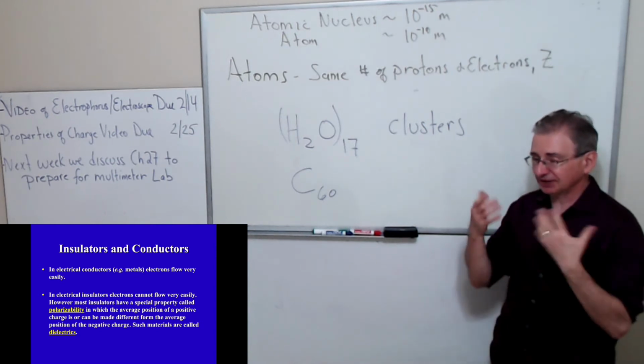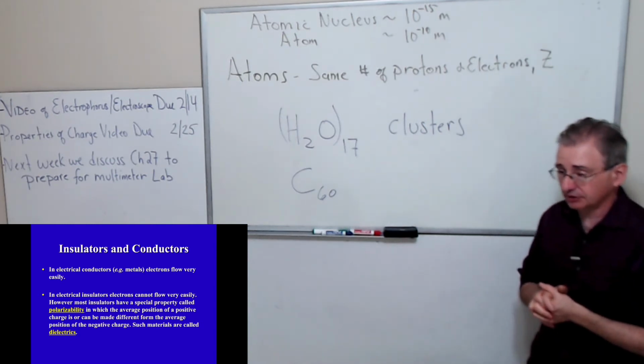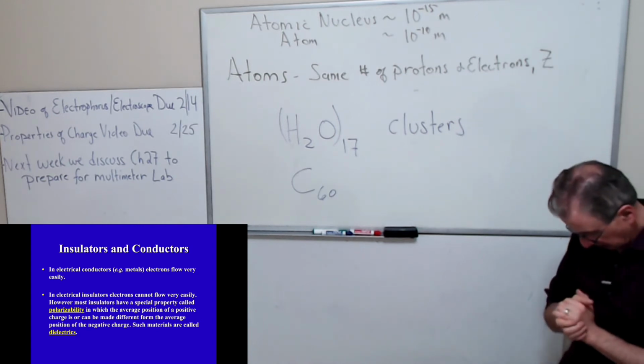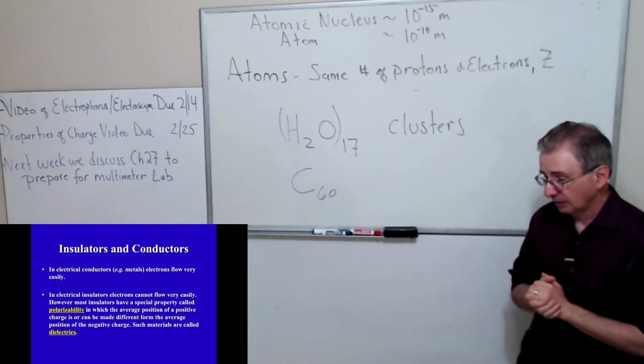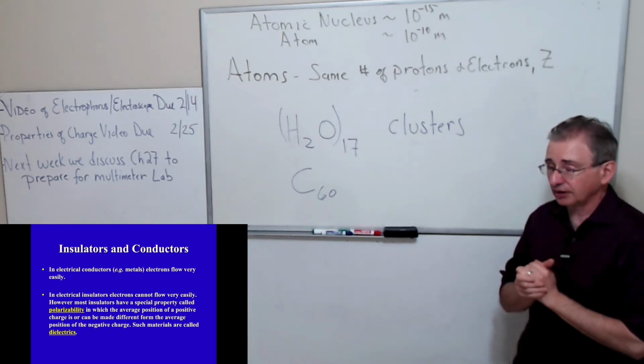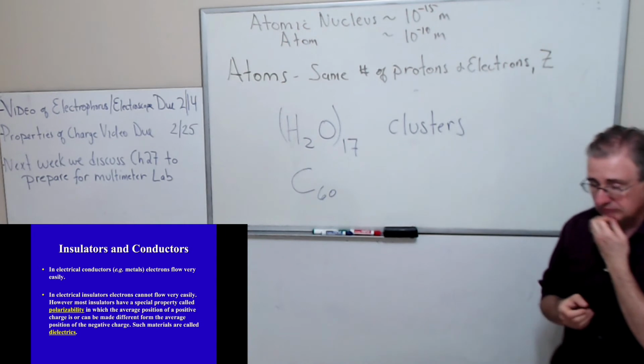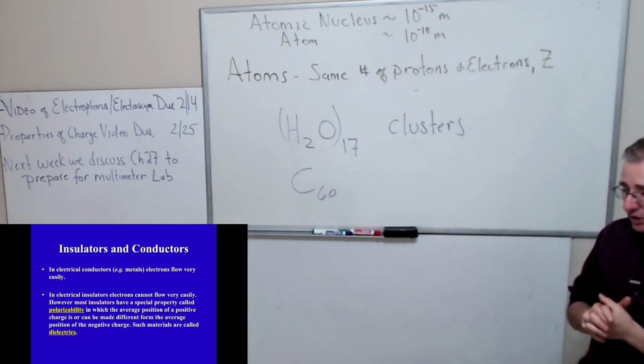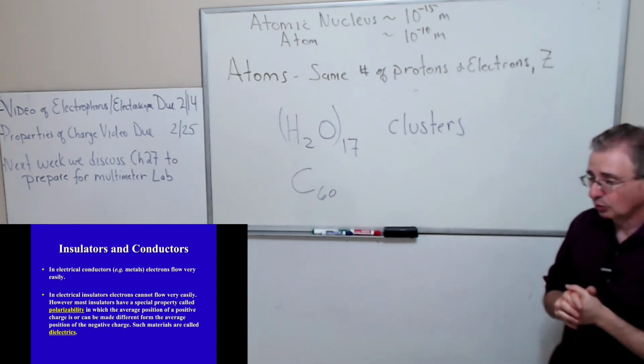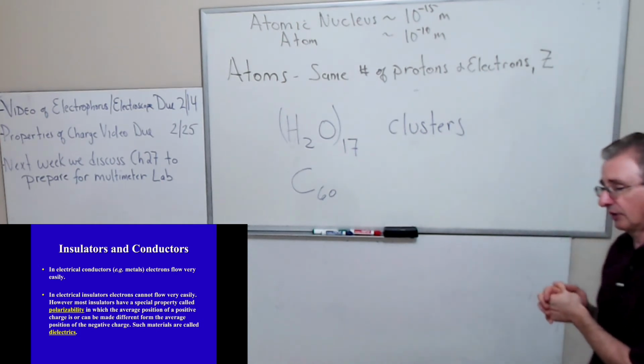Now the opposite of conductors, the total opposite of conductors, are insulators. I should say that we're ignoring the idea of semiconductors here. Let's not worry about that for now. Insulators are materials where the electrons can't flow very easily.